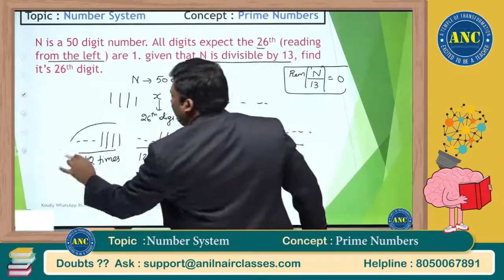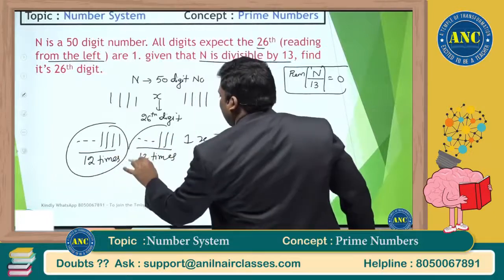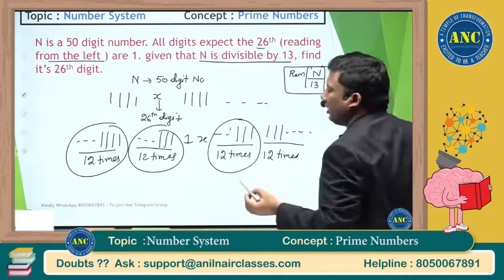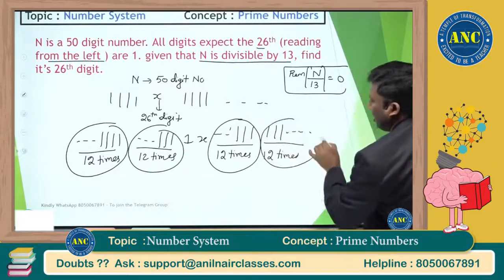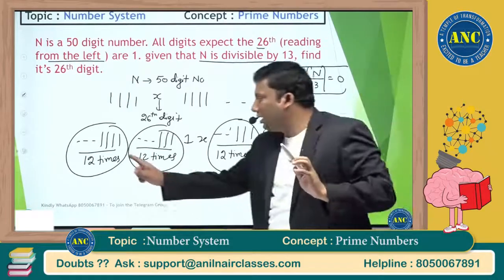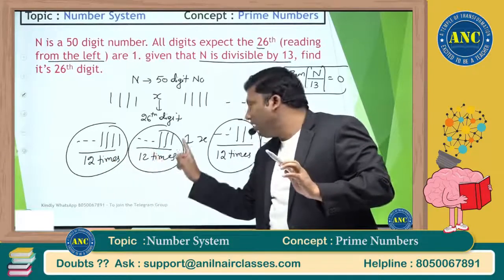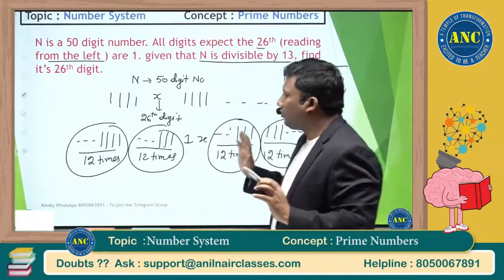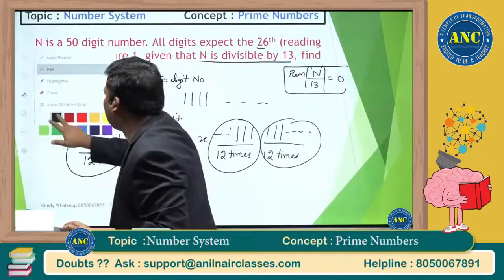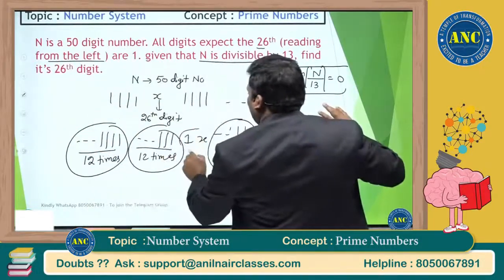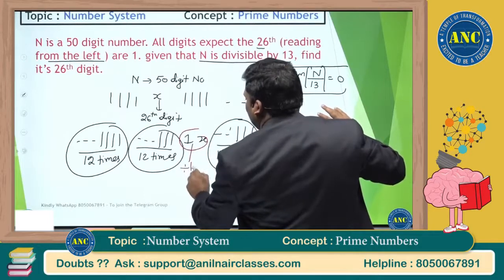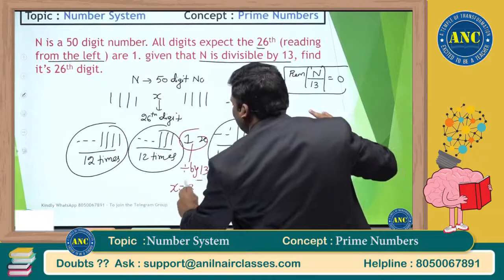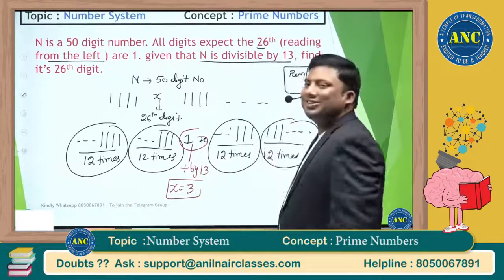This entire number is divisible by 13. 12 digits, 12 digits, 24 digits, 25th digit, 26th digit. I want the 26th digit. So 1x should be divisible by 13. What is the value of x? X is 3. Yes or no?